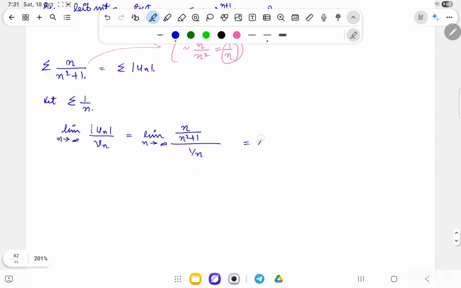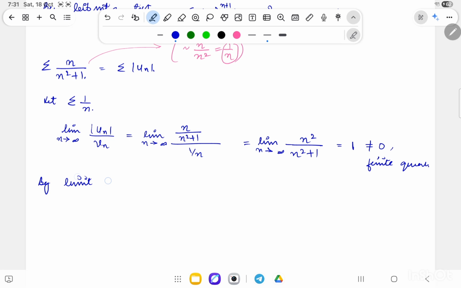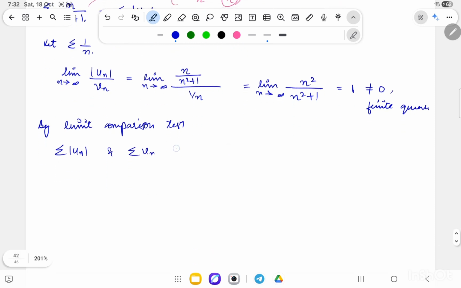So it simplifies to limit n approaches infinity n square by n square plus 1. If we just calculate its limit, it will be equal to 1. And 1 is not equal to 0. Also it's a finite quantity. So by limit comparison test, we get that summation mod un and summation 1 by n both these series will behave alike.